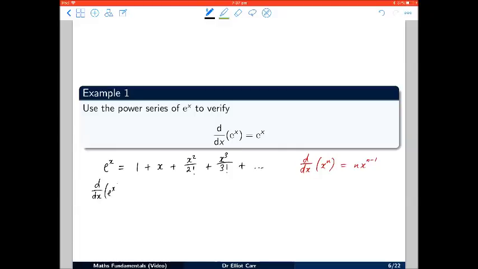So the derivative of e to the x: derivative of 1 is 0, derivative of x is 1. Now the derivative of x squared, I bring the 2 to the front and take 1 from the power. So I get 2x to the 2 minus 1, which is 1, over 2 factorial. Derivative of x cubed is 3x squared over 3 factorial.